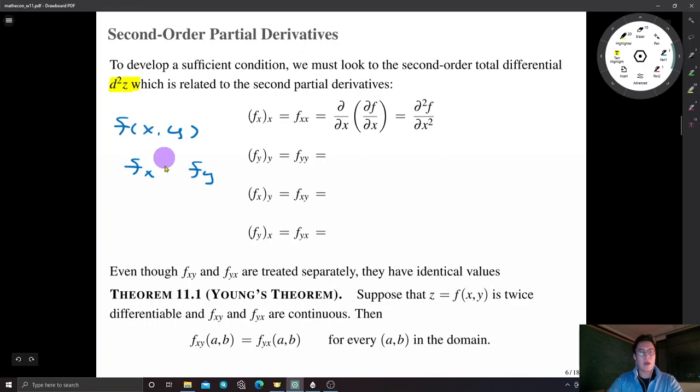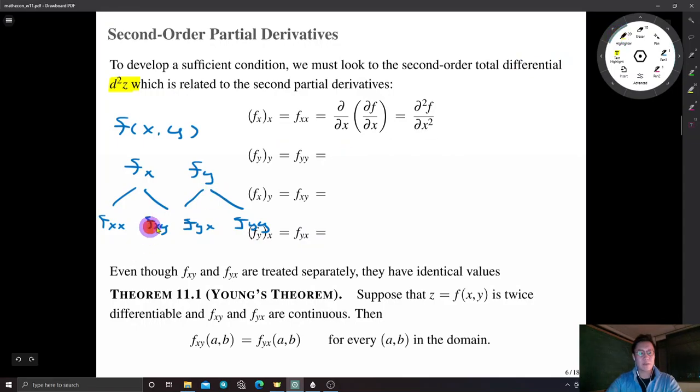Depending on the choice, we can make another four partial derivatives: f sub xx, f sub xy, f sub yx, and f sub yy. So the last one, f sub yy, means we start from this function f sub y, and still regarding y as a variable, we take the derivative. Then we obtain f sub yy.